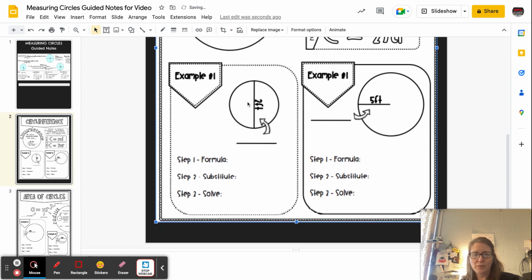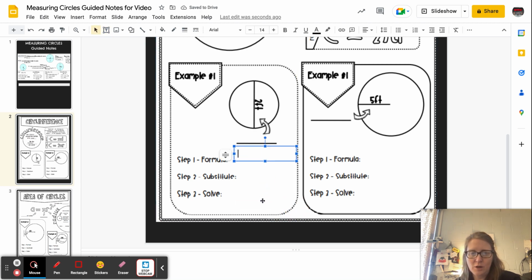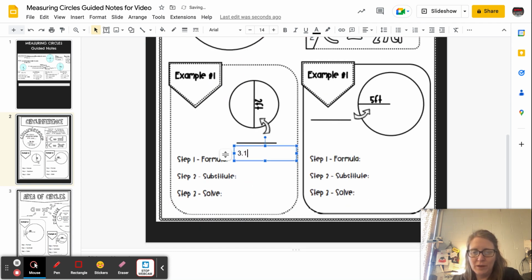So for example, we have the diameter of 2 feet. And so our formula here is pi times diameter. So we're going to put in approximately 3.14 for pi times the diameter of 2. Okay, so they have the formula.